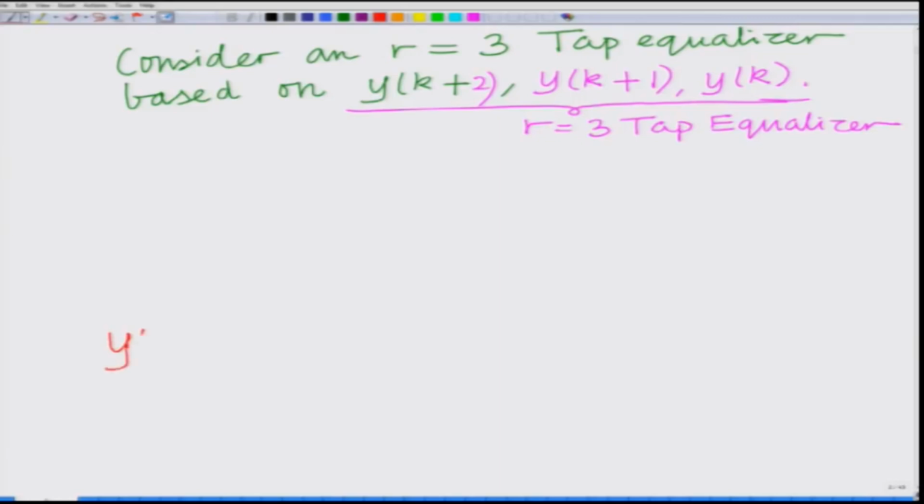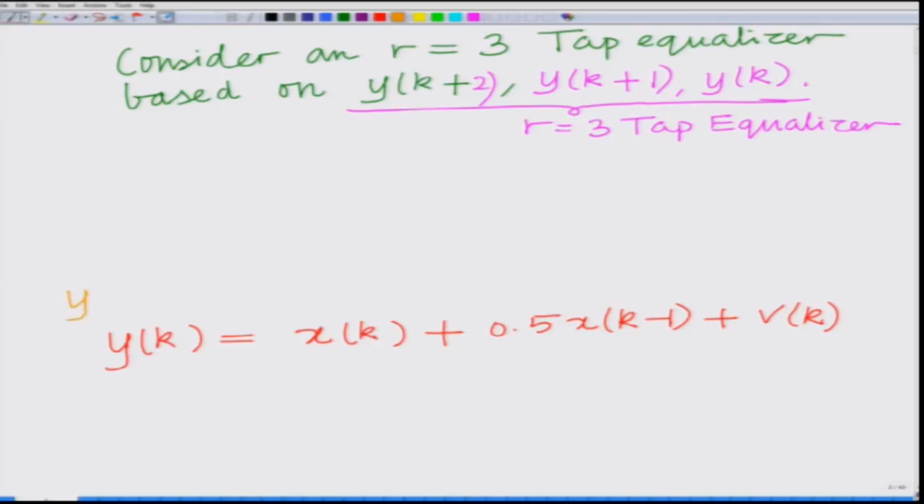I have Yk equals Xk plus 0.5 times the previous symbol Xk minus 1 plus Vk.